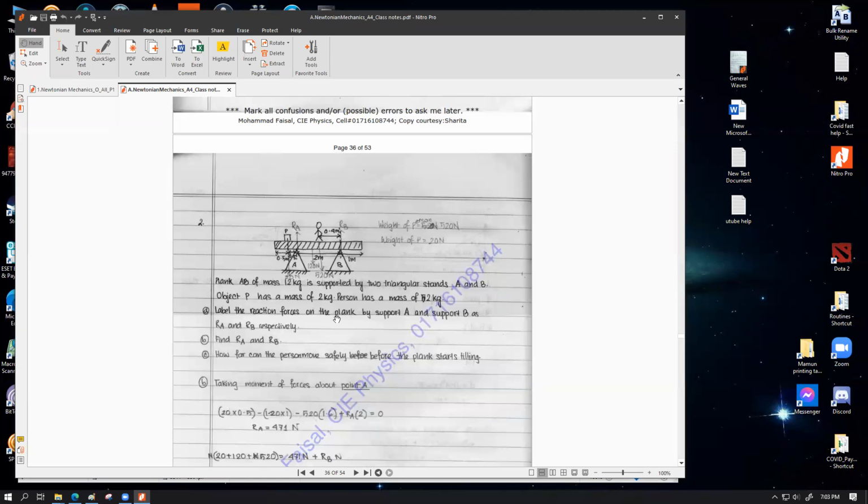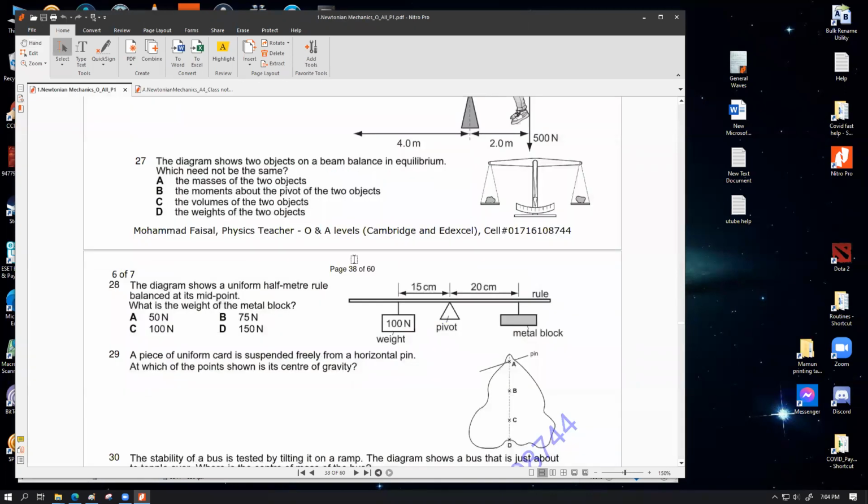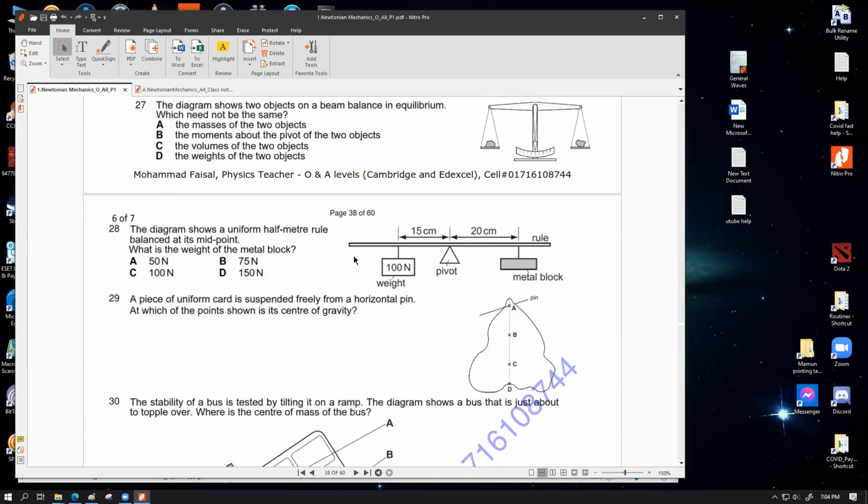This one. I believe we did solve number A in two different ways. Yes, sir. And so A and B were actually done. Actually, I didn't solve number C. I'd like to show you the solution for C after we finish this MCQ paper. So let me just have this PDF over here. So anything from page number 38?